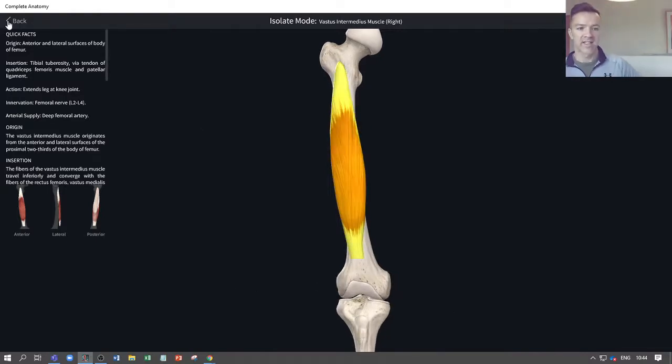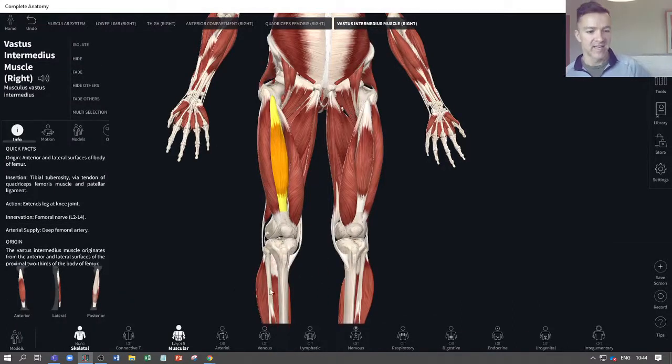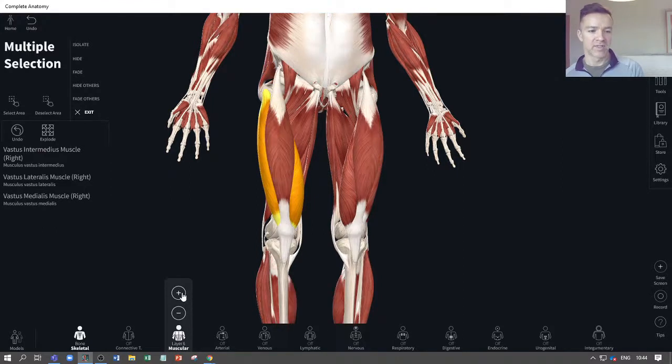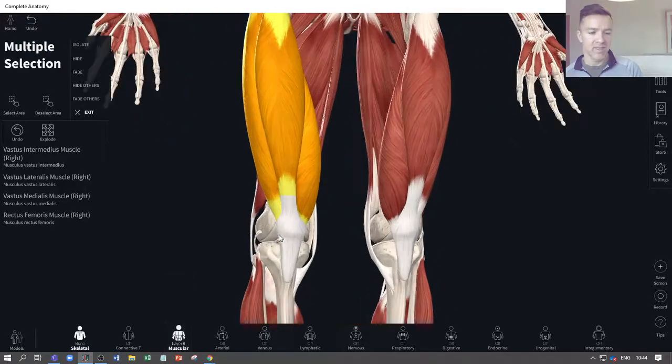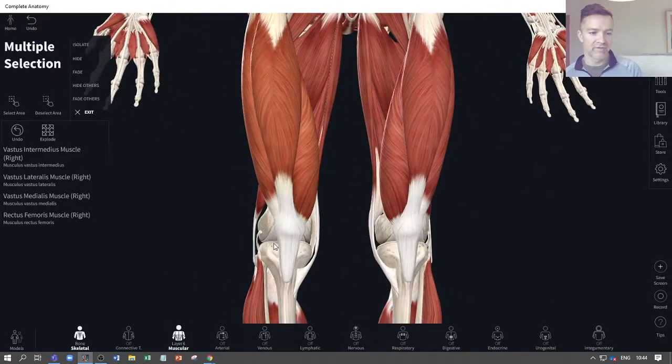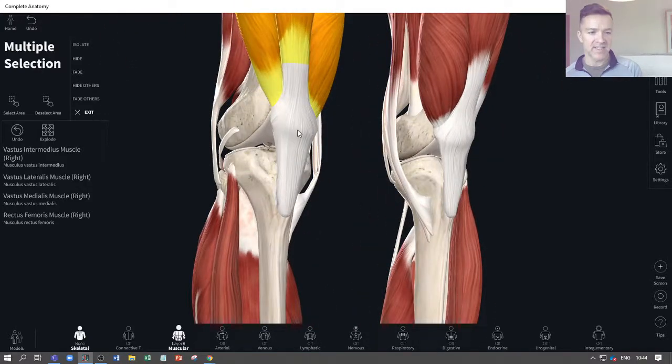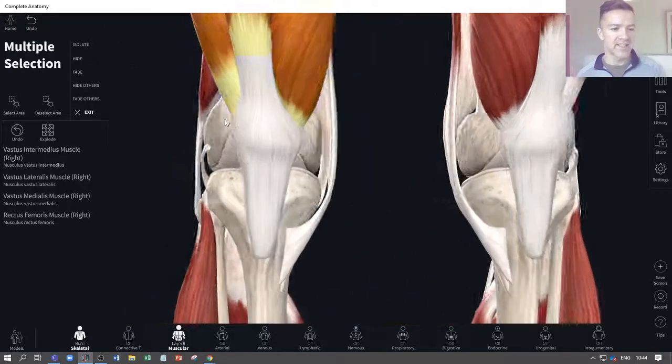So let's have a look at that now in a little bit more detail. We'll highlight the three of them. So we've got our vastus intermedius highlighted, plus our vastus lateralis, plus our vastus medialis, and then we'll put the rectus femoris back on top. And if we zoom in here, we've got all four quadriceps muscles selected there. And if we zoom in, we see that they all join together here at this point.